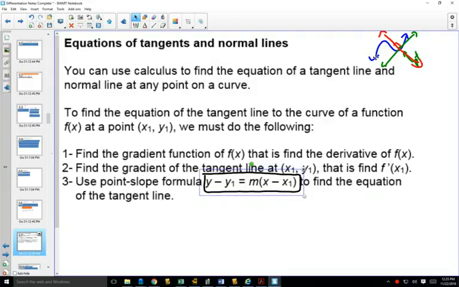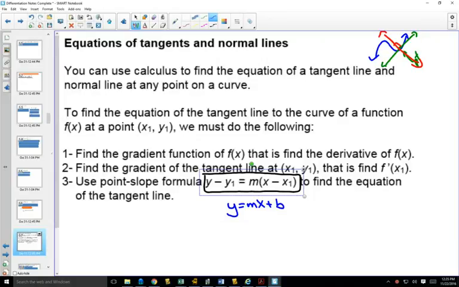Once you've found your derivative, you can plug the specific x value into that derivative to find that specific slope of that line. Then you can either use the point slope formula, y minus y1 equals m(x minus x1), or your slope intercept formula of a line to find your equation.